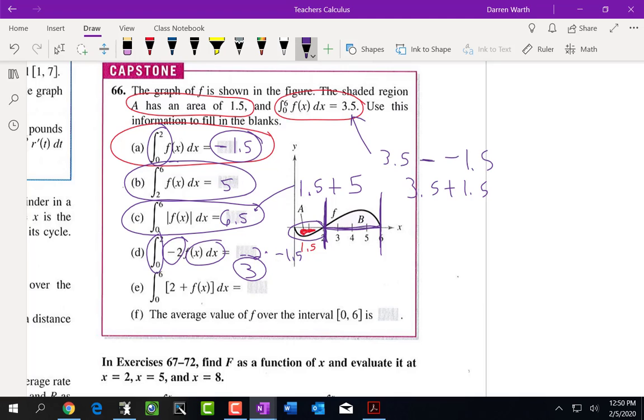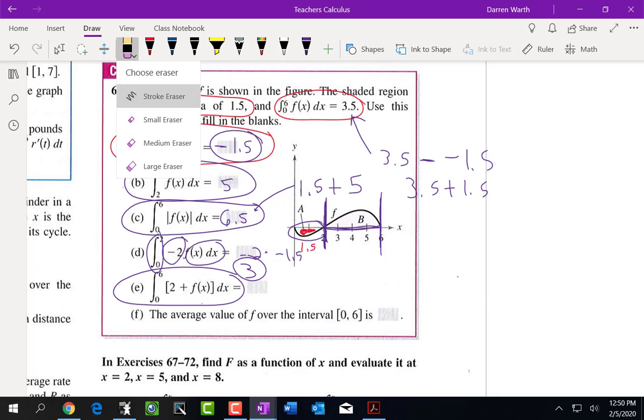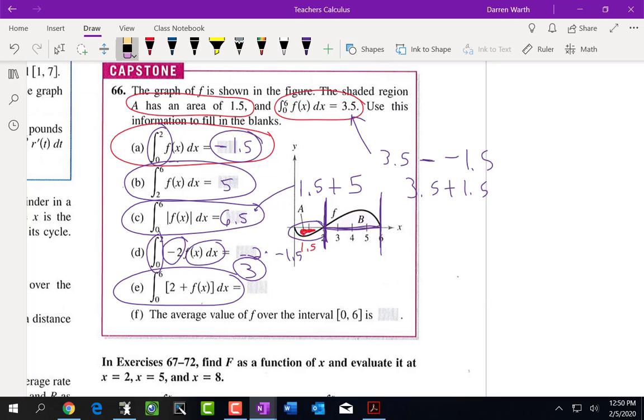Okay, now on E, I was going to erase all this, but we're still going to use it, so maybe I won't erase it. Notice, I'm going to break this apart: the integral from 0 to 6 of 2, plus the integral from 0 to 6 of f of x dx.